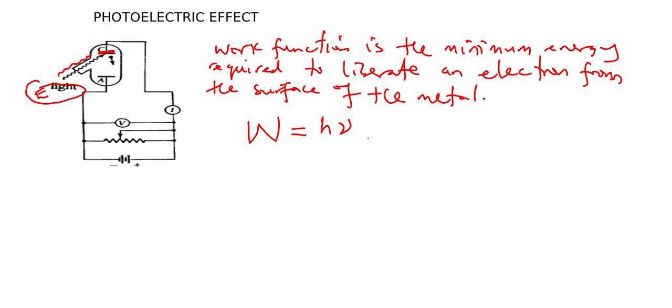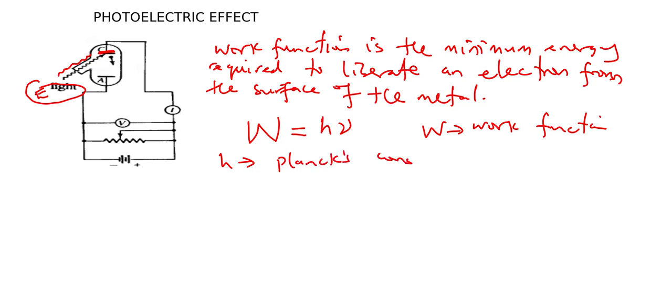Here W is the work function, h is Planck's constant, which you are familiar with, we used it in our last class, and nu naught is the threshold frequency.